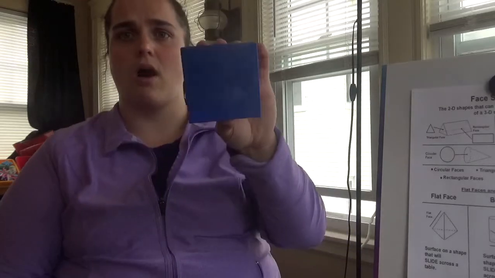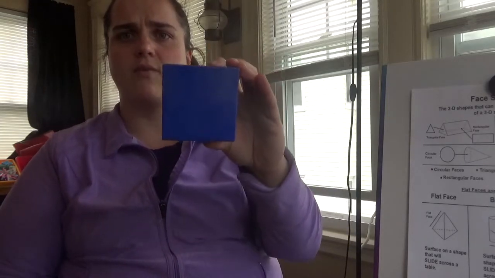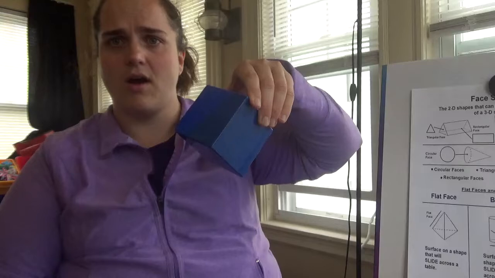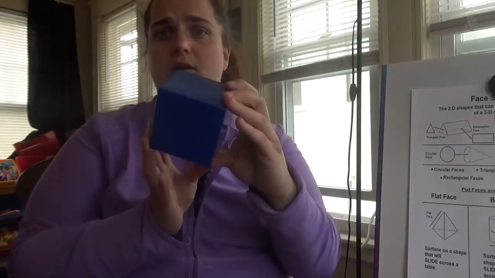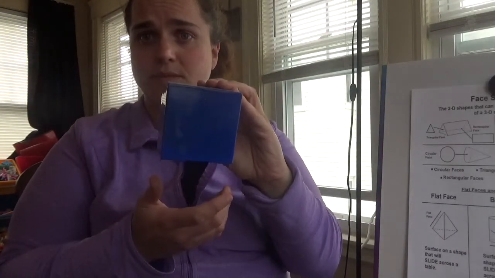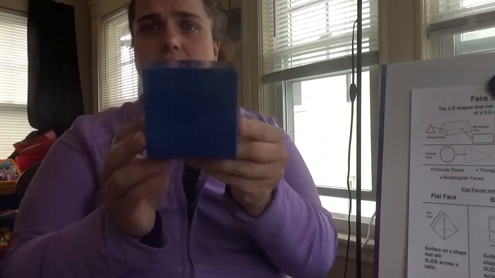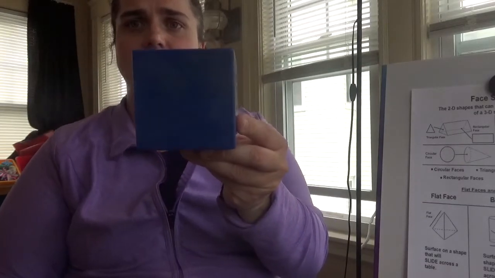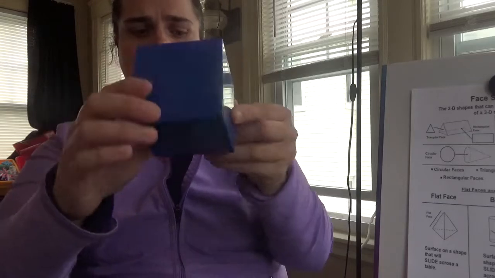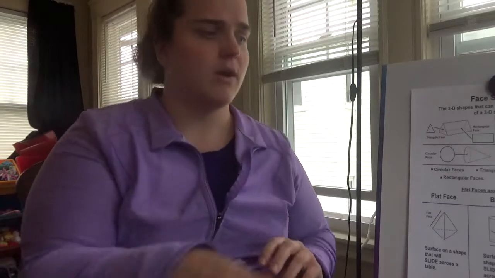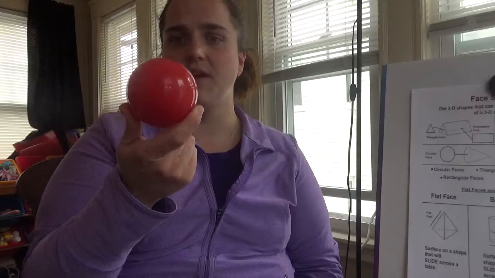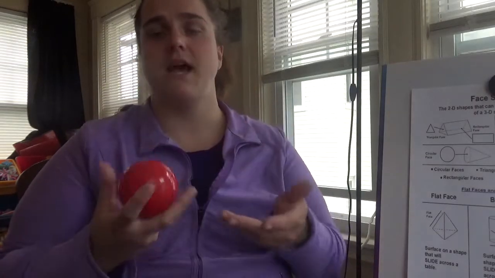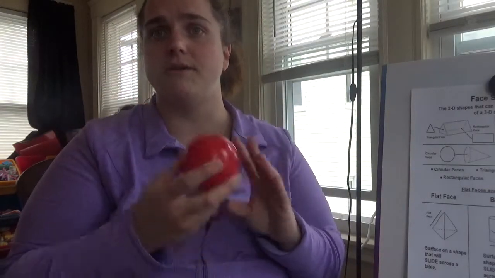Here is what you would call a cube. If you've ever played a game that has dice involved, dice are in the shape of cubes, and you can see that the shape that makes up the face is a square. So you can see that here. We also have this 3D shape called a sphere, and it's like a ball, maybe a tennis ball, a soccer ball, a basketball, they're all spheres.